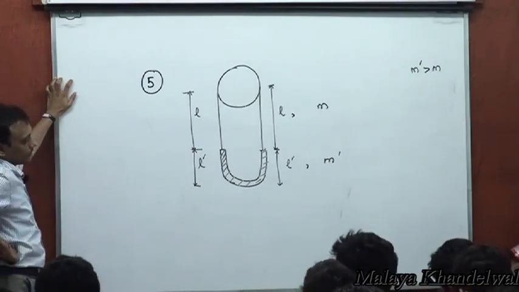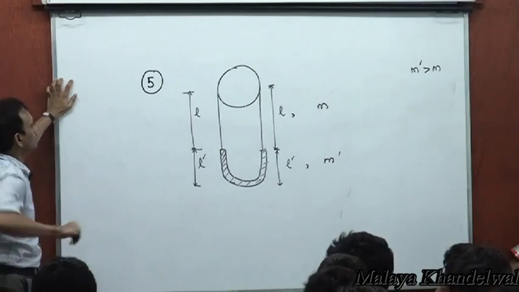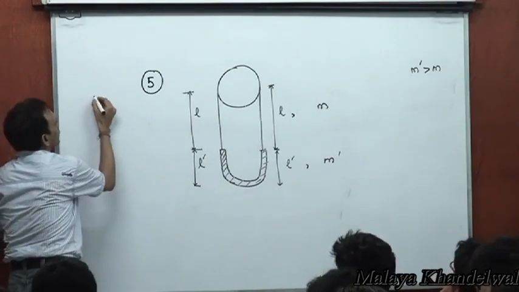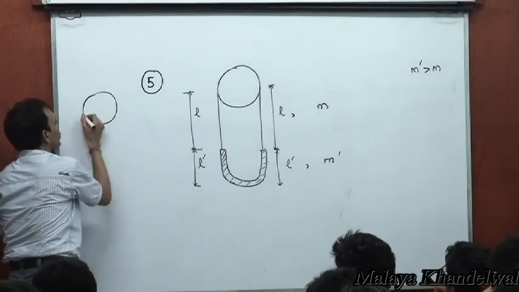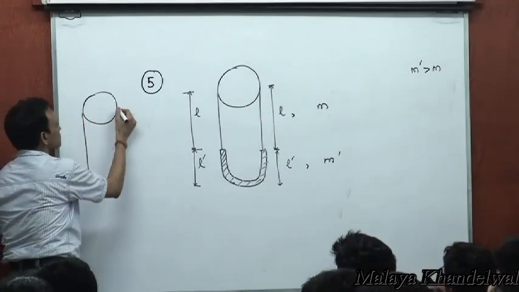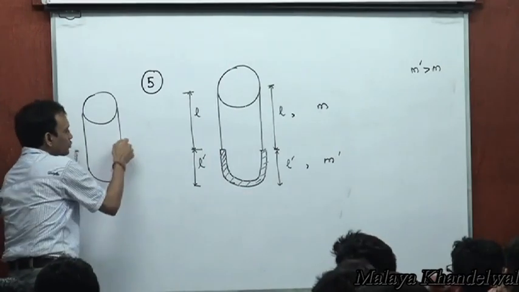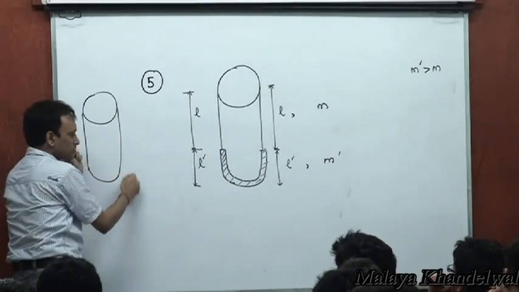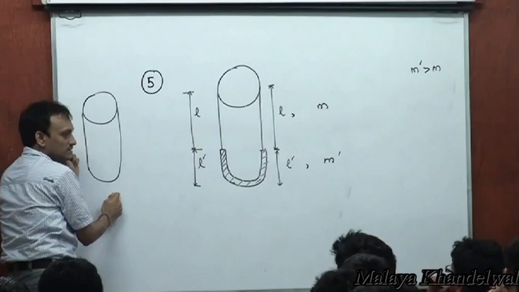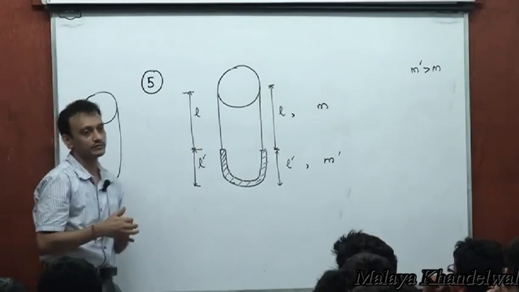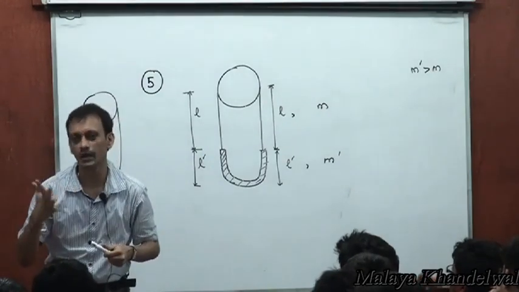Now, see, if it was a uniform string like this, and you disturbed it by a small amount x, you pulled it down by a small amount x, what would happen? Nothing would happen. Why?